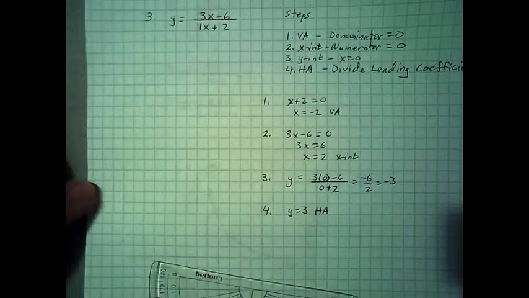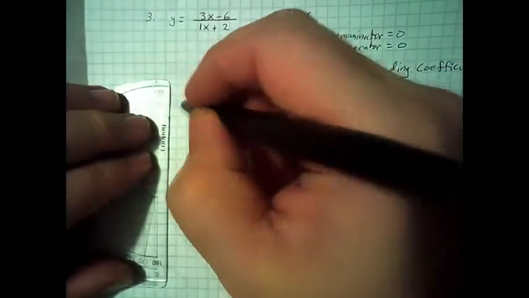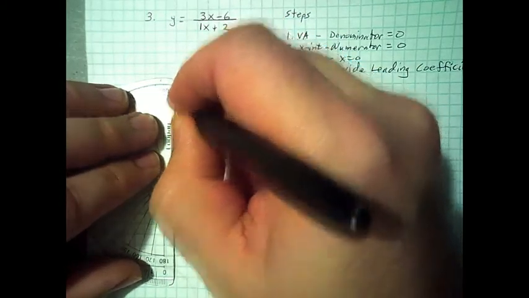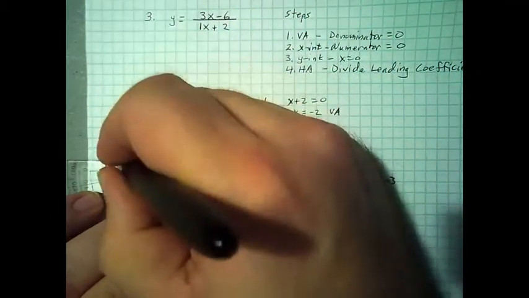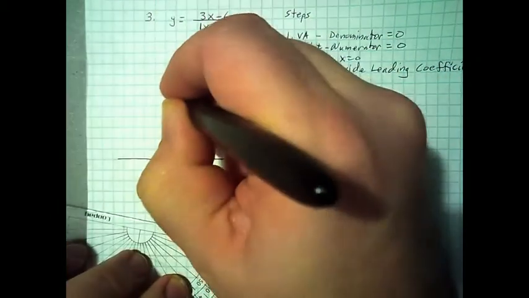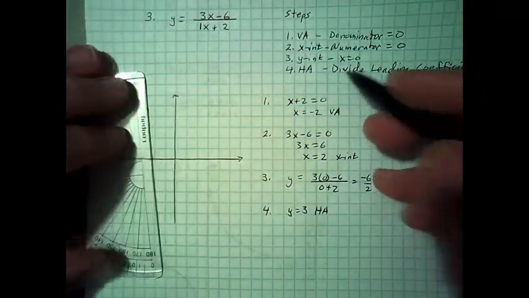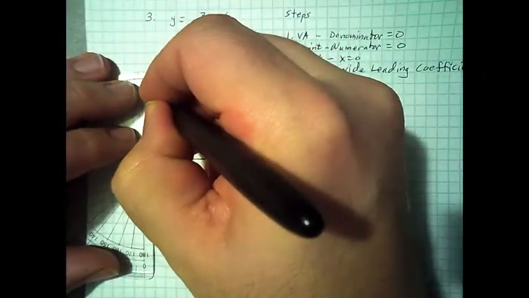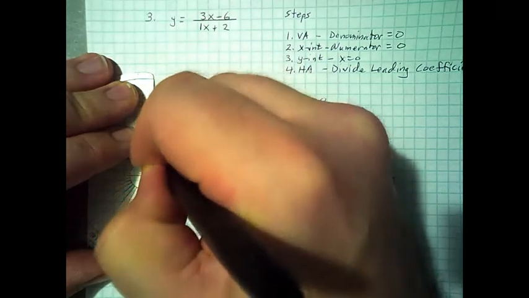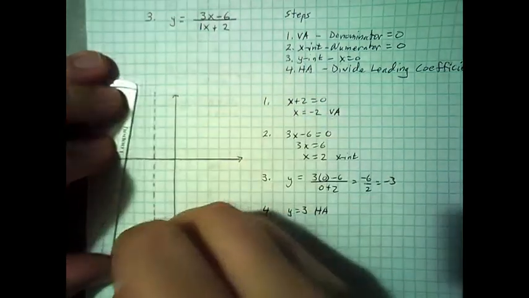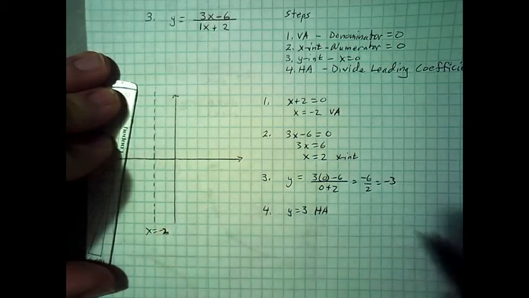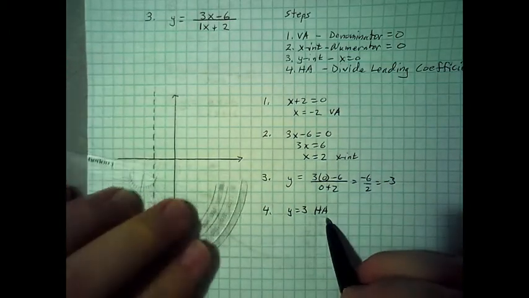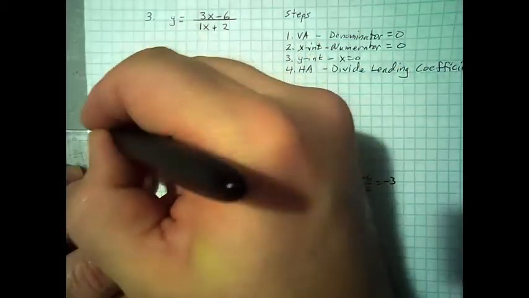Let's use these 4 pieces of information to sketch our graph. It should be sufficient, so I'll draw a set of axes here. Our vertical asymptote we have already found to be at negative 2, so I'll draw that first. Here, x equals negative 2. Our horizontal asymptote is at y equals 3. That is up here.